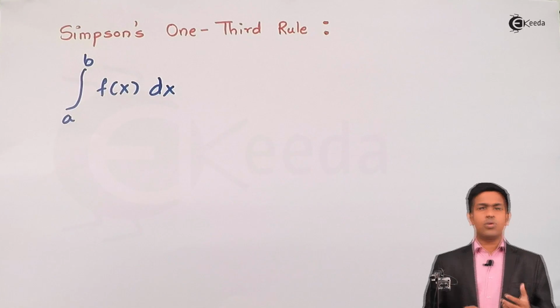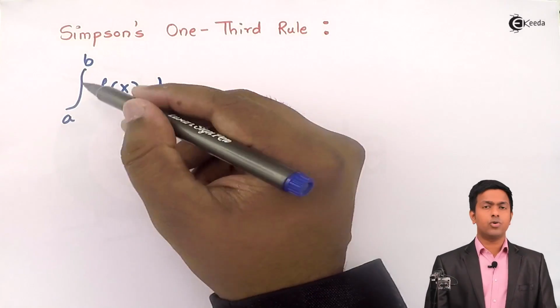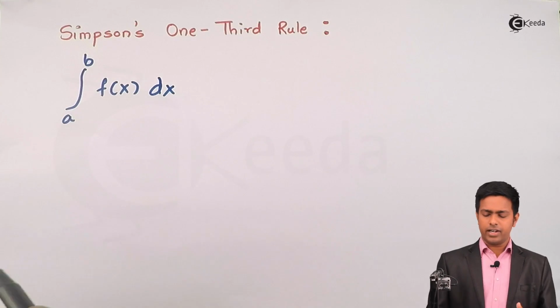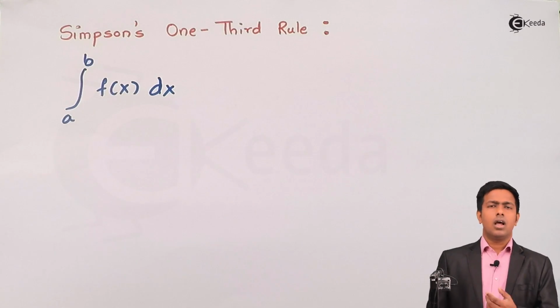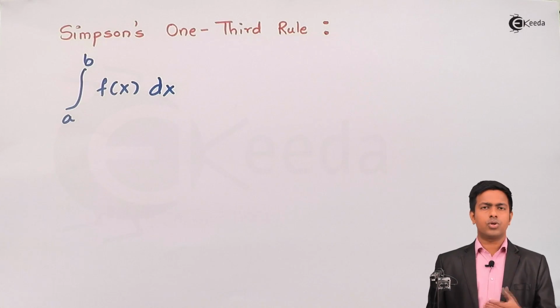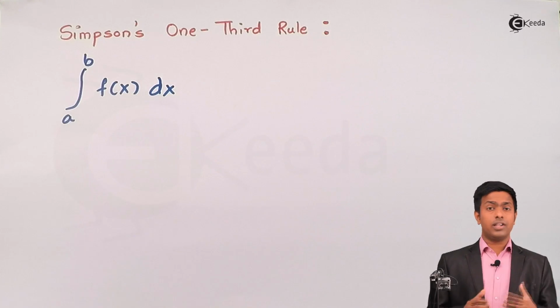If we know the subintervals between a and b, then we can find the value of f of x at each subinterval, and then use Simpson's one-third rule to evaluate the integration. Now, what is the formula?